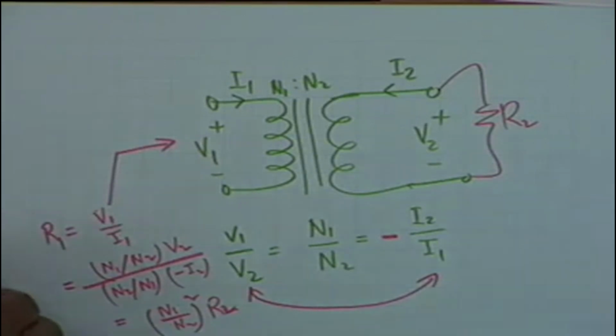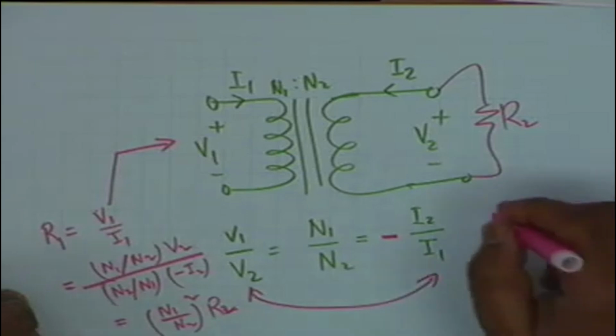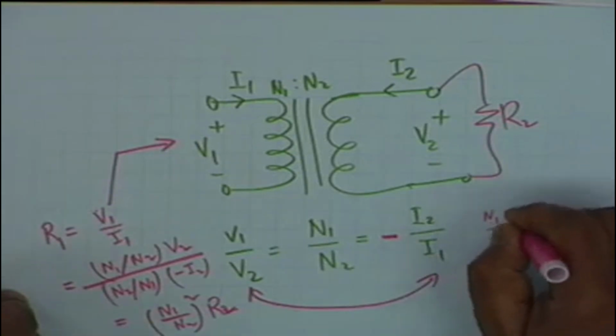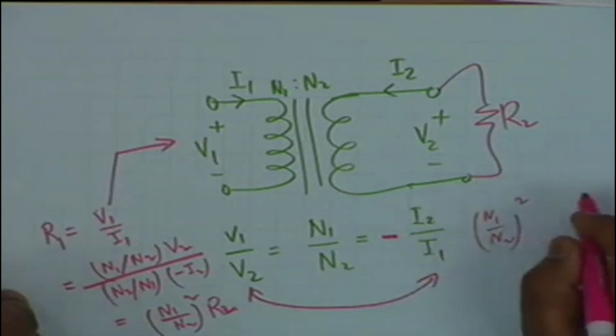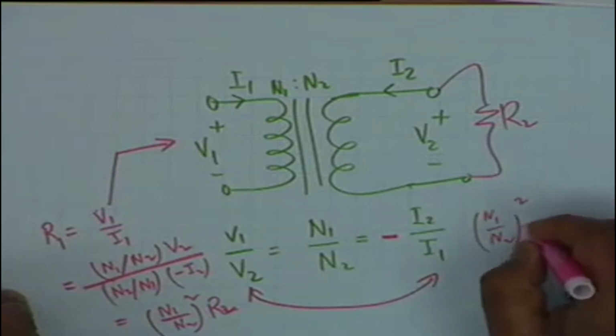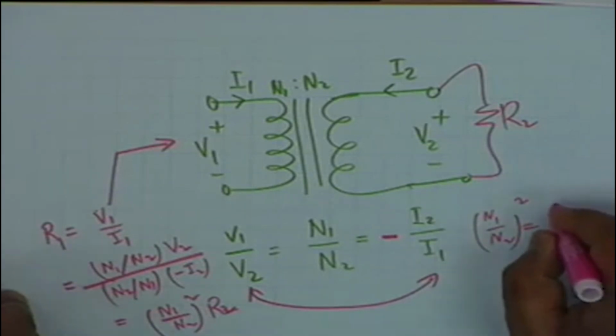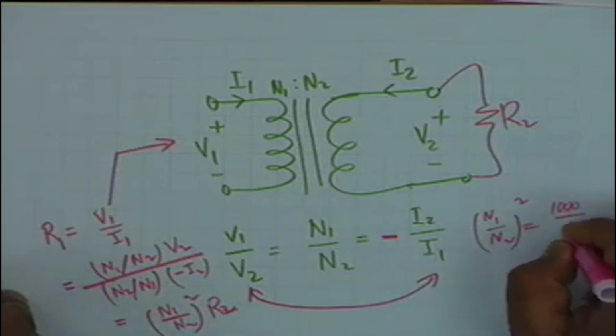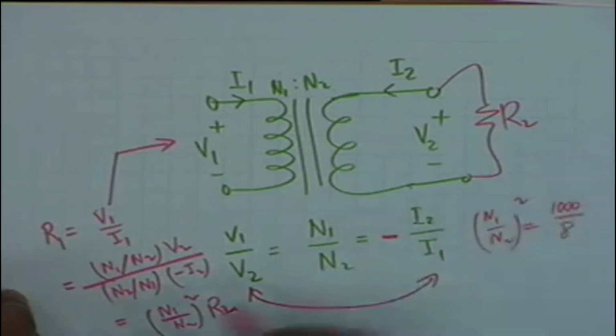For example, if you require a 1K resistance for maximum power transfer and your speaker is 8 ohms, then obviously N1 by N2 squared should be equal to 1K, that is 1000 divided by 8. So you can choose your turns ratio properly. All right, and this can be made very easily with cores available in the laboratory.